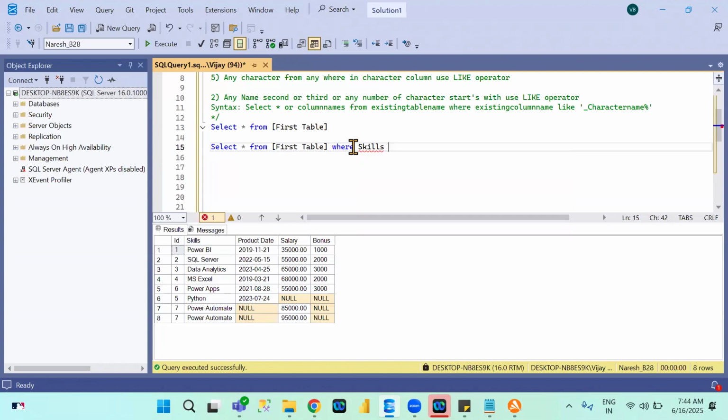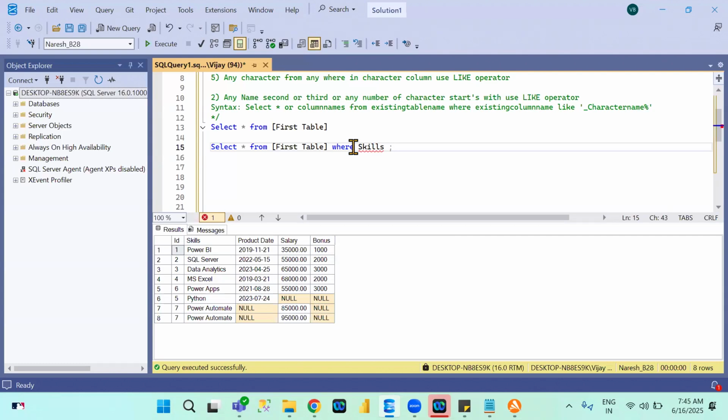The second character starts with A, and the remaining characters can be whatever. So before A, how many underscores? One underscore. Understand clearly or not?